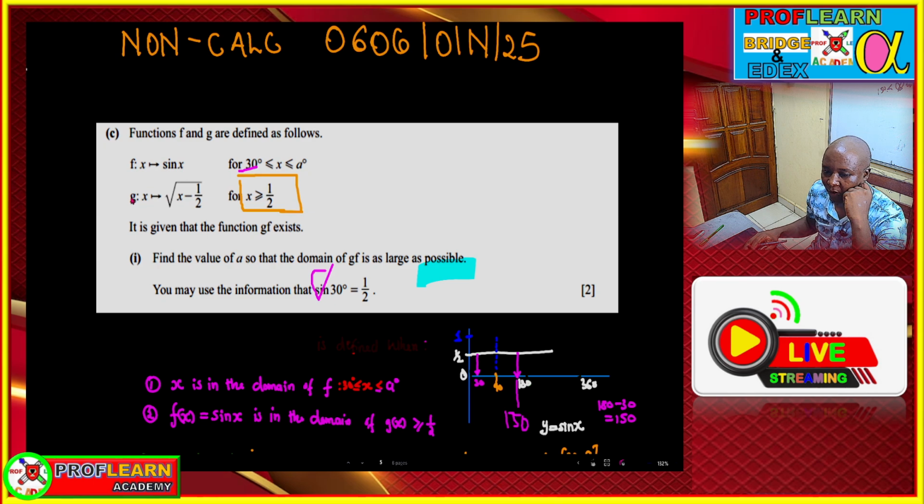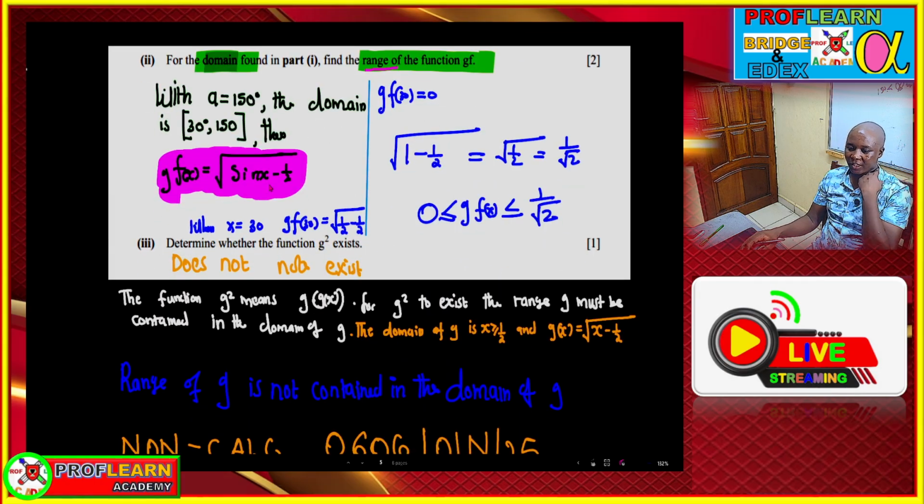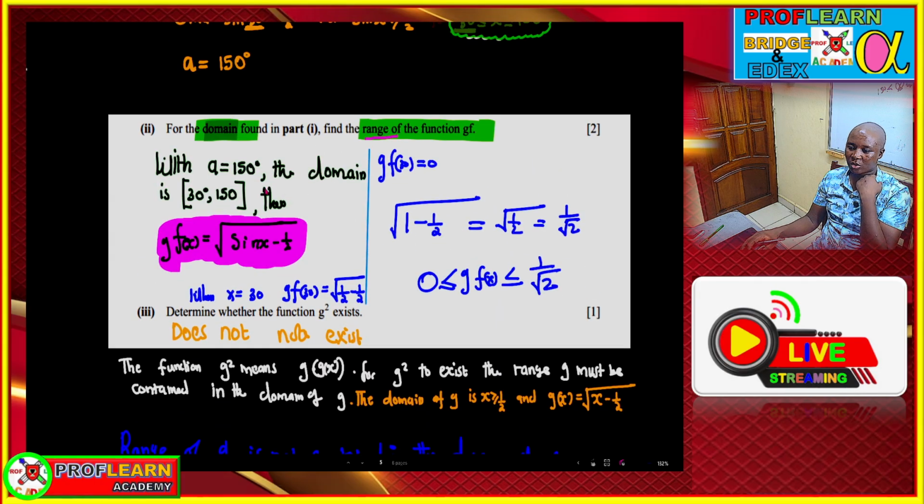So meaning, if you are going to find g f of x, it means that anywhere you have x in this function, you are going to replace with sine x, right? So that means that g f of x is going to become root of sine x minus a half. So for the domain in part 1, find the range of the function g f of x.